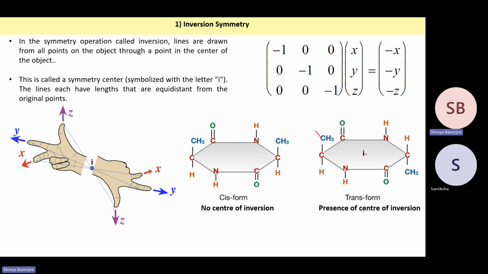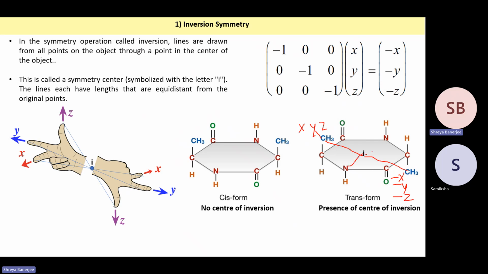So this CH3 group, imagine the coordinates are X, Y, Z. In center of symmetry, you will draw a line to the center of symmetry and an equal distance line in the opposite direction. So you will reach another CH3 group where the coordinates are -x, -y, -z. You can do this with any group.